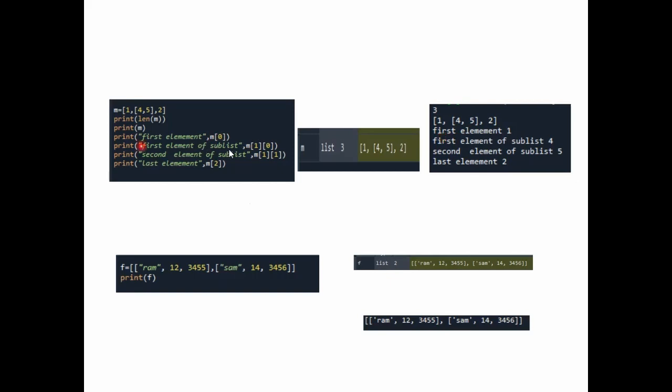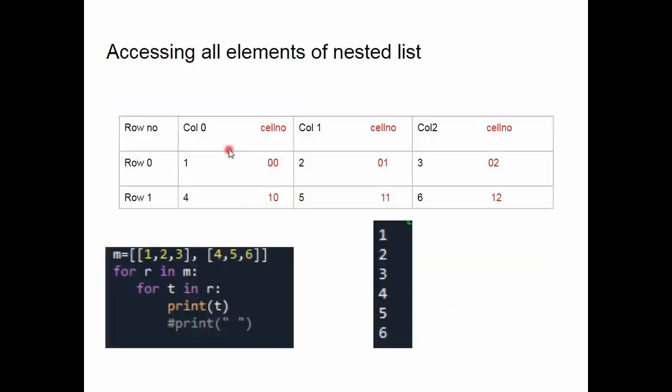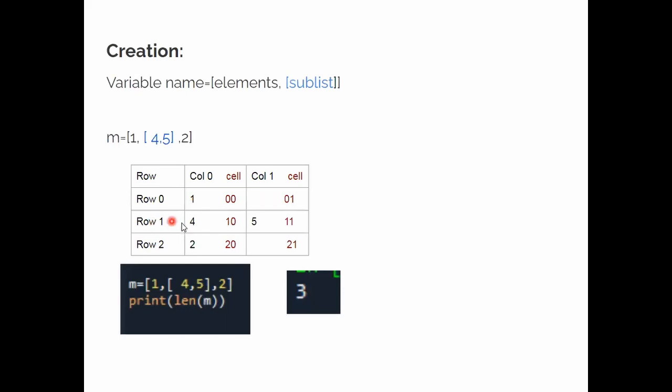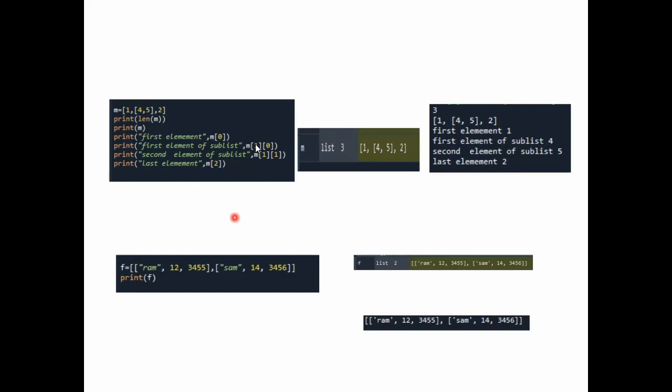Now the first element of the sublist. Where is the first element of the sublist present? It is present in row number 1 and column number 0, having the cell number 1 0. This will be treated as your indices, so the indices will be 1 and 0. How are we going to note it down?